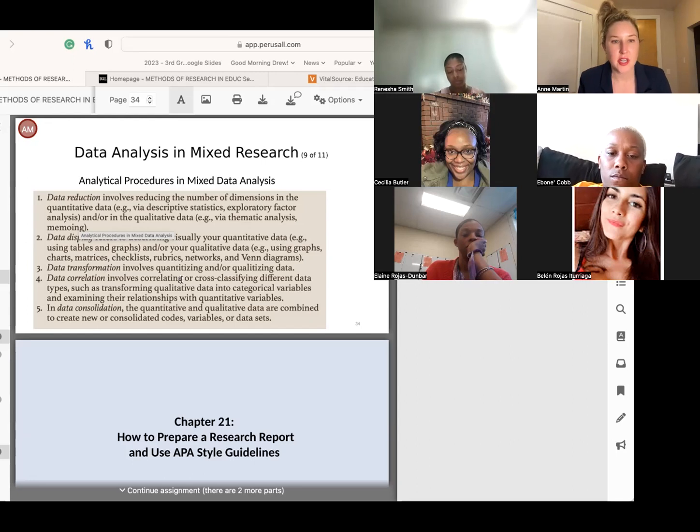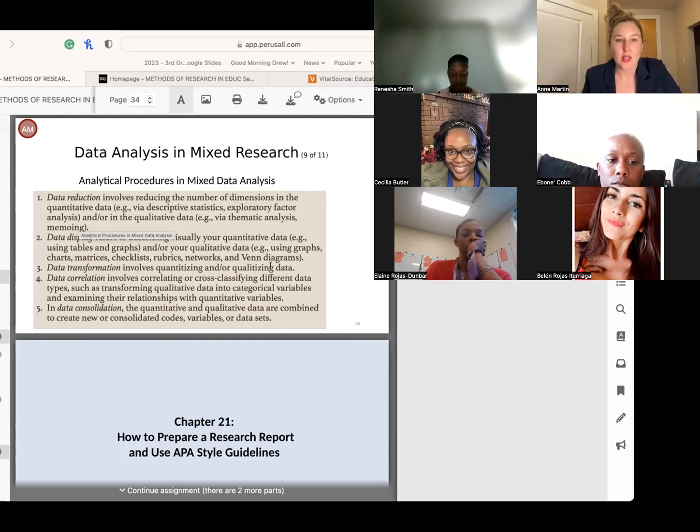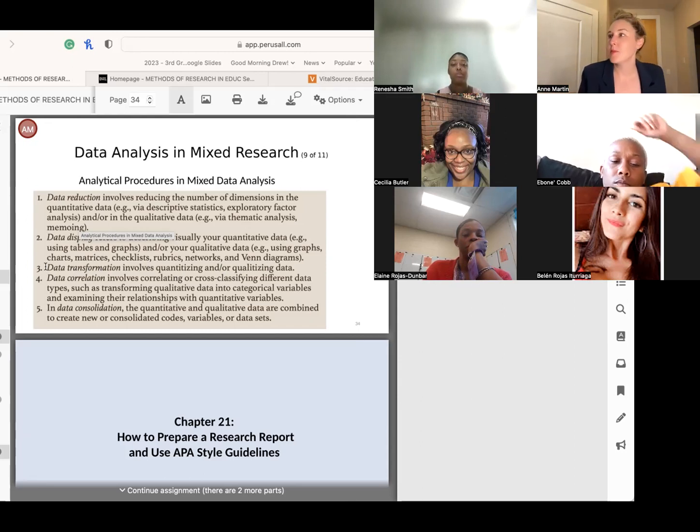Data transformation, we talked about this in this chapter, quantitizing qualitative data and qualitizing quantitative data. So you can search for these terms too if you want to see examples of those. One example of data transformation is if you have qualitative data with your codes, if you collect a frequency count of how many times that code came up, like exhausted.